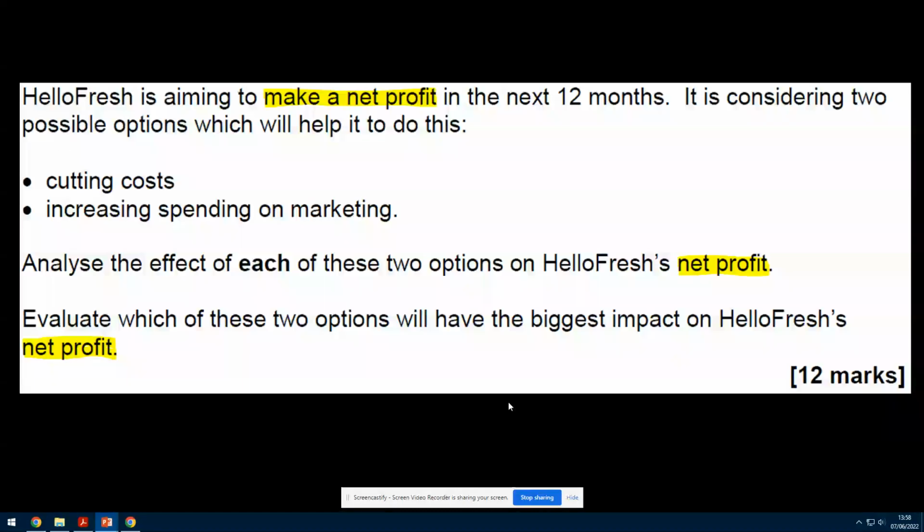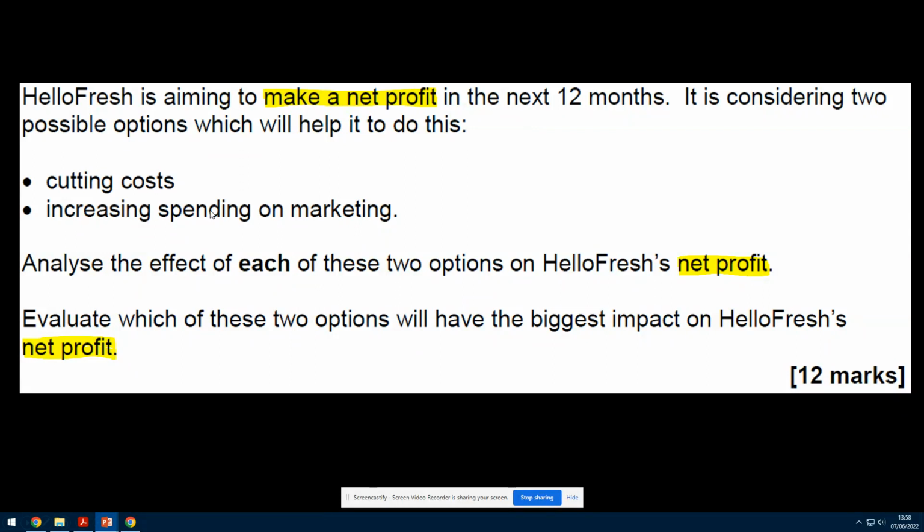So how would I do that? Okay, so let's just take this example. So the HelloFresh question, you've got two options. Your first paragraph, we're told what to do. Look, in the question, we need to analyse how each affects HelloFresh's net profit. So the first paragraph is going to be cutting costs and how cutting costs is going to help HelloFresh increase their net profit.